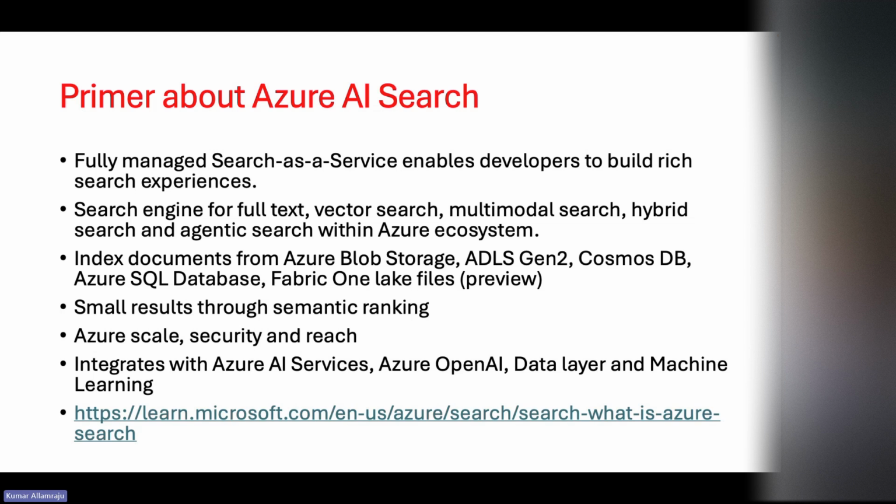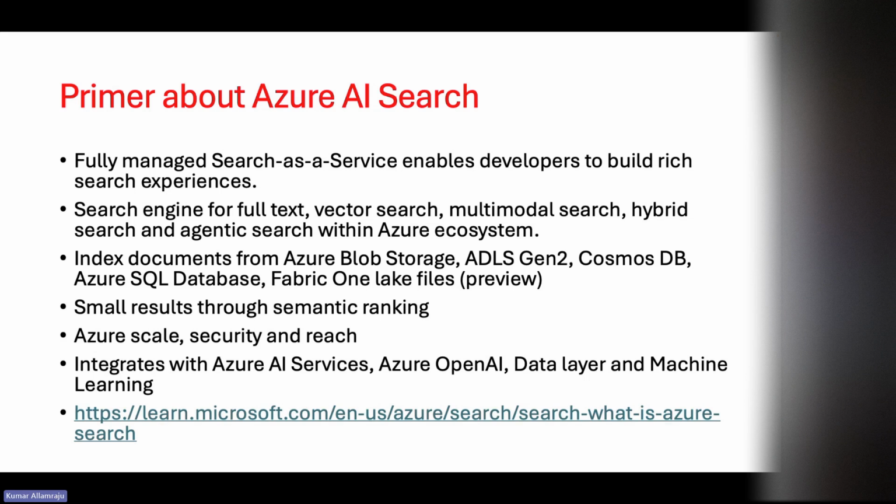It's a search engine within the Azure ecosystem. It's a fully managed PaaS service. Some of us call it search as a service. Essentially, it allows customers or developers to index documents, search, retrieve, enhance, and take advantage of all the features.